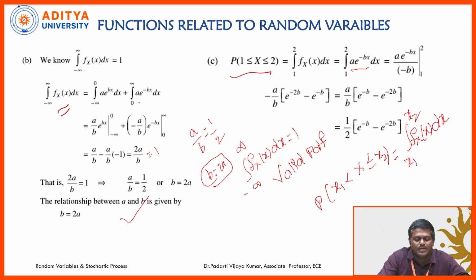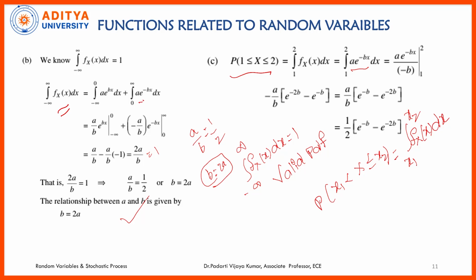The integration of e power minus bx is e power minus bx by minus b. Substituting the limits 1 to 2, we get a by b into e power minus b minus e power minus 2b. Since a by b is equal to 1 by 2, the probability is 1 by 2 into e power minus b minus e power minus 2b. The complete answer is in terms of b, and we can also express it in terms of a.